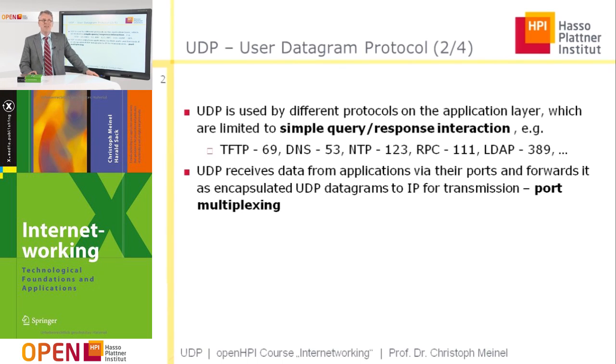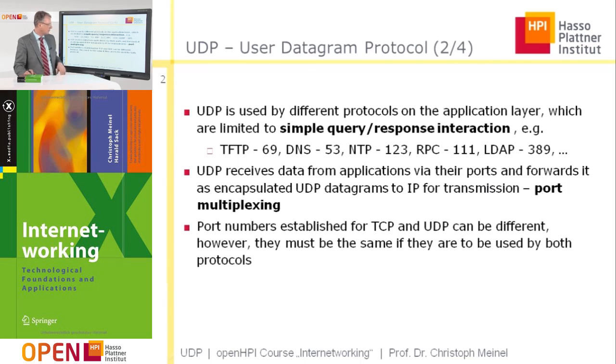So UDP receives data from an application via its ports, and then forwards this information encapsulated in a UDP datagram. The UDP datagram is encapsulated in an IP datagram, and then it is sent to the computer the partner application is running on.